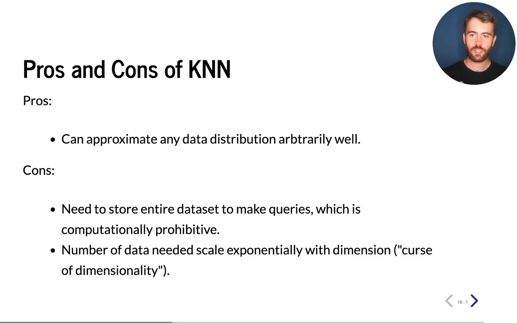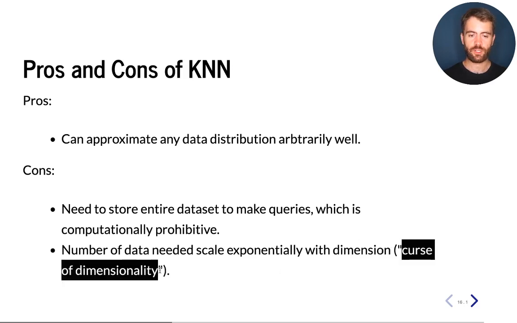However, it has computational challenges, as we need to store the entire data set somewhere, and we also need a way of querying this data set effectively, and both of these things can be computationally challenging. And finally, even though we can fit the data distribution arbitrarily well if we have enough samples from it, in practice, this is challenging in high dimensions because of something which I'm going to come back to later in this course.